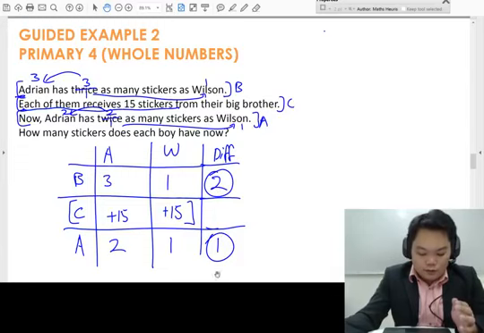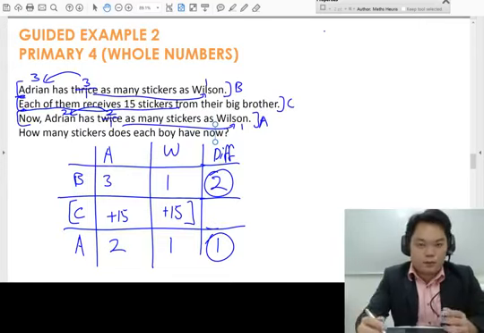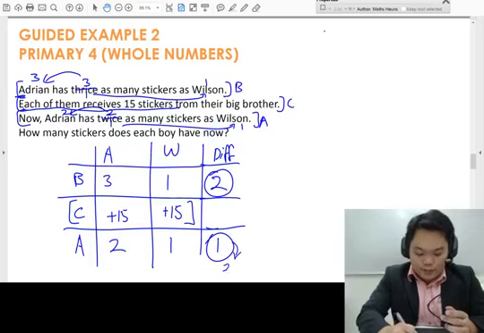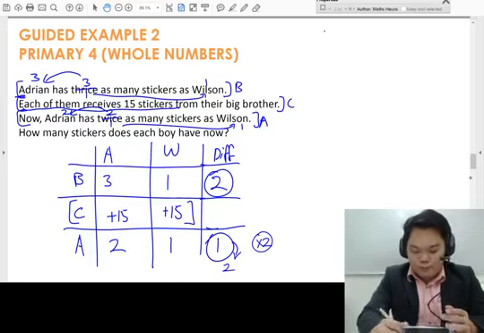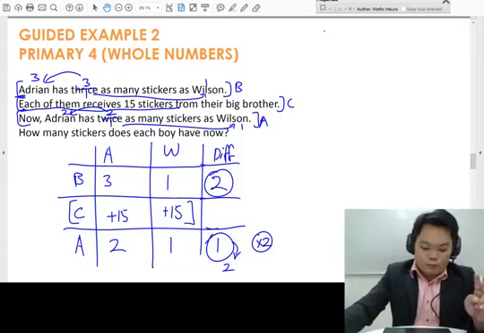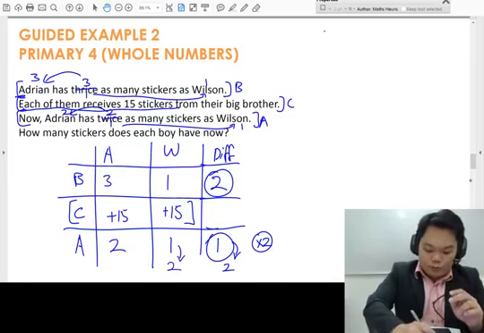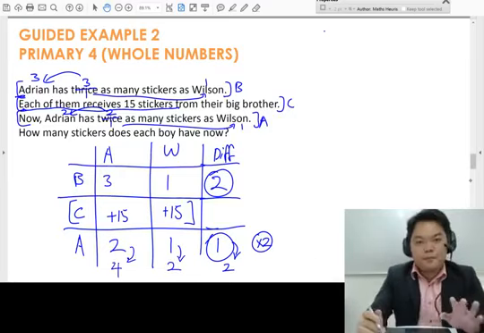For this particular case, you need to cut them into their lowest common multiple. Between 1 and 2, their lowest common multiple is 2. To get this to 2, you need to multiply the entire after row by 2 in order to maintain the ratio equivalence. So this becomes 2 and this becomes 4.